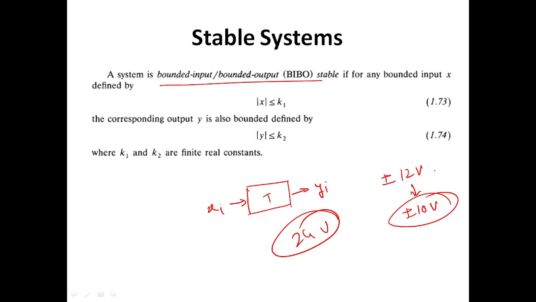So this is what has been written. Modulus of x should be less than or equal to k1, which is your boundary condition, and the corresponding output is also bounded and defined by y less than or equal to k2, which is again the higher limit of the boundary. Both k1 and k2 are finite real constants.